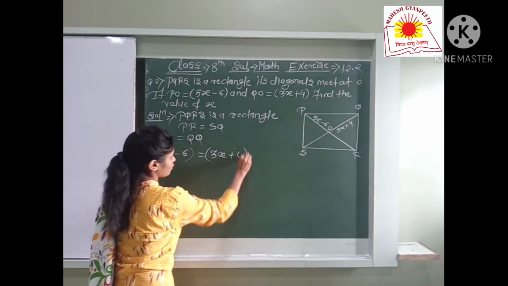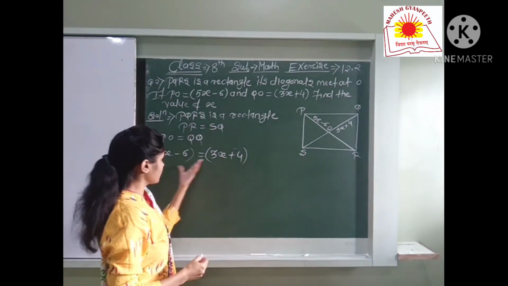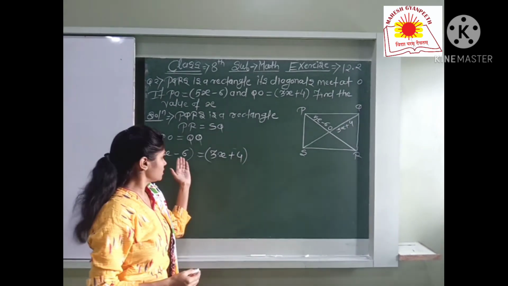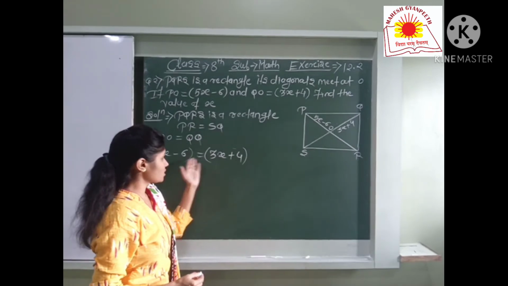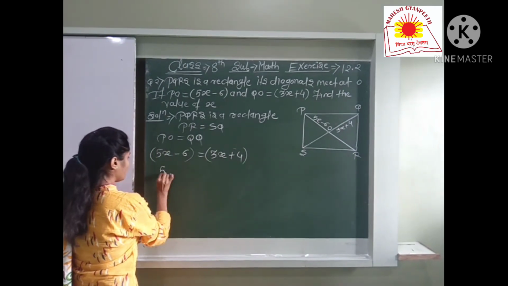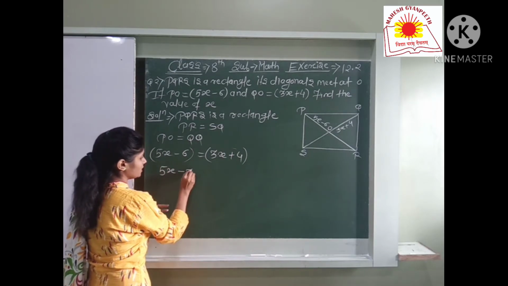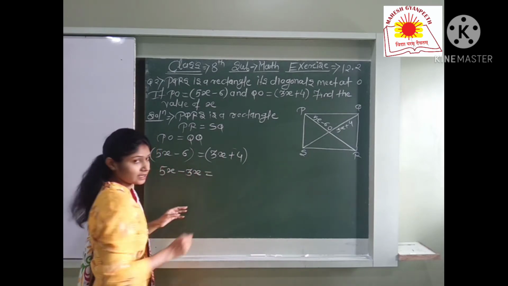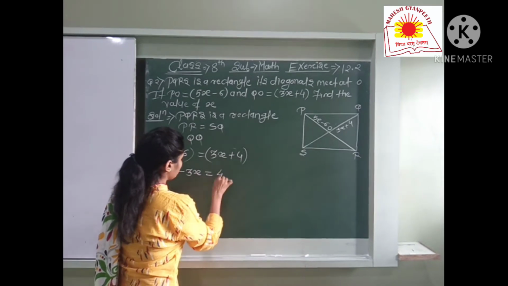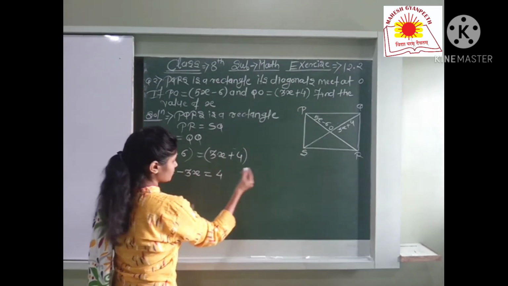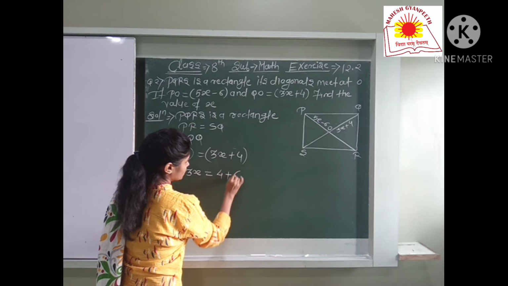Now we have to solve. Transfer the x terms to one side and the constants to the other side. So 5x, and this 3x we transfer to this side, so it becomes minus 3x. This minus 6 we transfer to the right side, so it becomes plus 6.